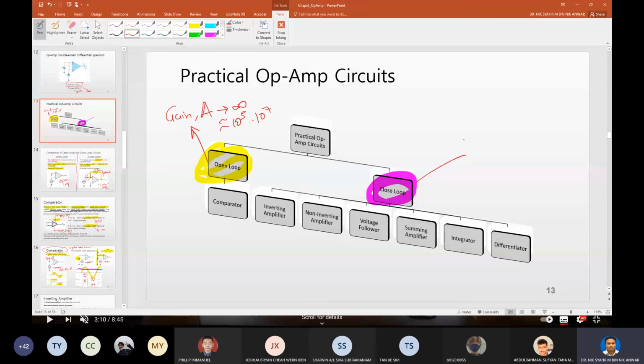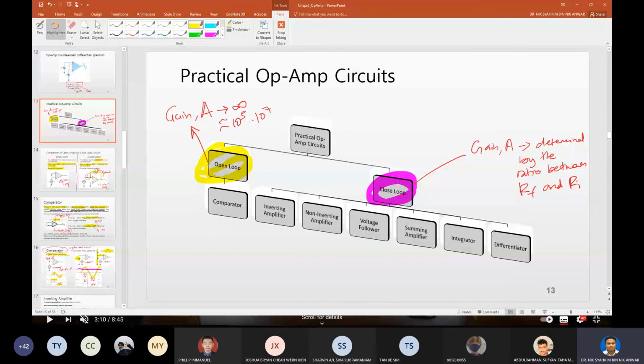But if you use it in closed loop, the gain is determined by the ratio between RF, the feedback resistor, and the input resistor.